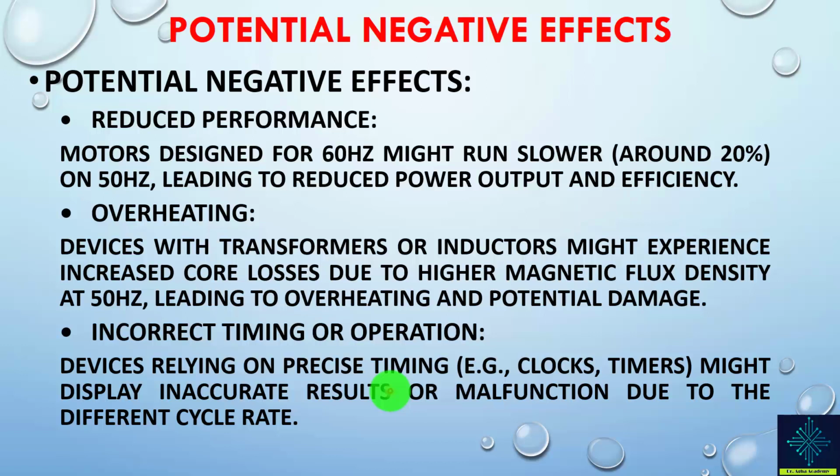Actually, I want to just summarize this for you. When it comes to loads, mainly we have resistive loads and inductive loads. When it comes to circuits, we'll mainly have electronic circuits like clocks, timers, counters.